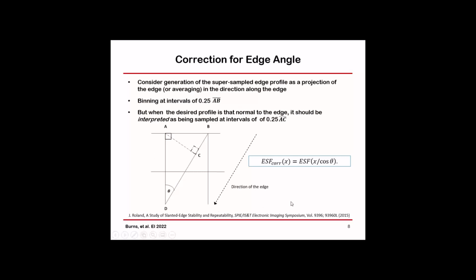We can understand why it might be needed by looking at this diagram here. If A and B are two locations from which we're going to project the pixel data, and we're going to do our binning along those lines here, what we see is that in order to derive a profile that is normal to the edge, we really need to accumulate the data or interpret the data as being separated by AC rather than AB.